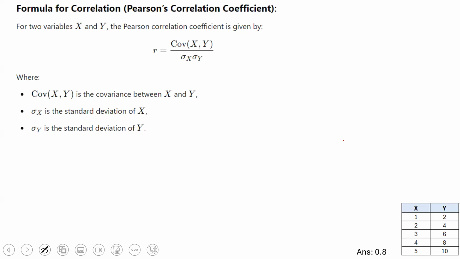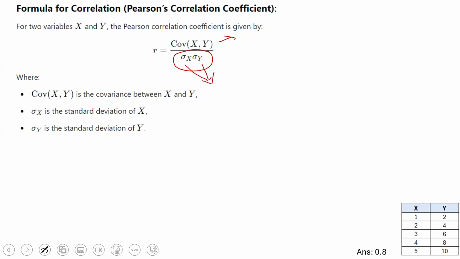Now, when you calculated covariance, you calculated it with a particular formula, right? Now what you have to do is divide that by sigma x and sigma y. What are sigma x and sigma y? Standard deviation.